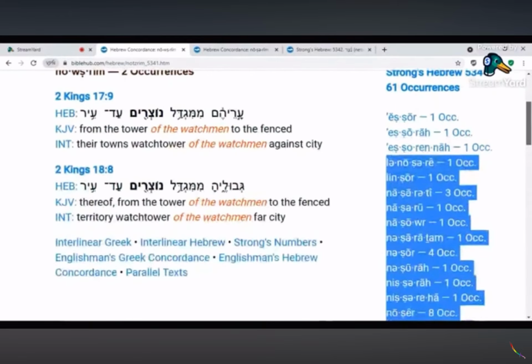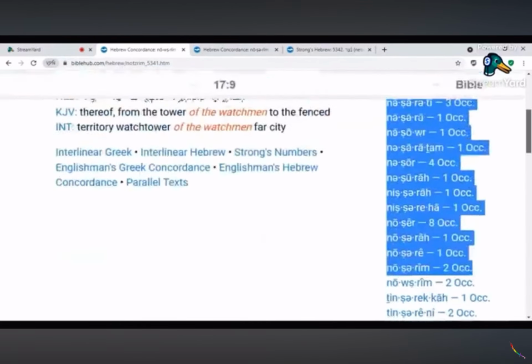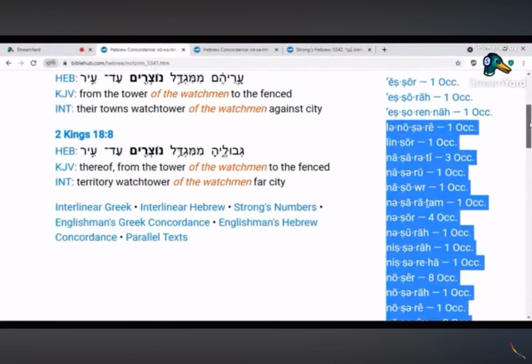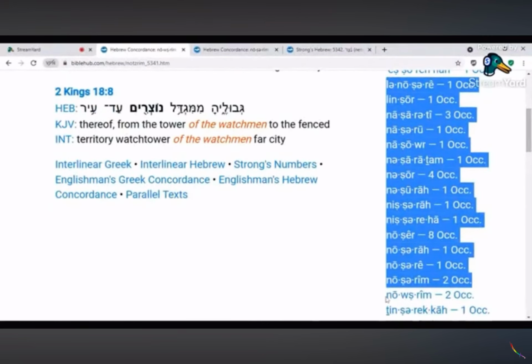We have to separate out these occurrences from this one here, which is a different word. And this word here, the two occurrences, is the one we're looking at right now. So these are different. This is a total of about 33 occurrences of the word which do not have a vav in them. So it's like a different root.